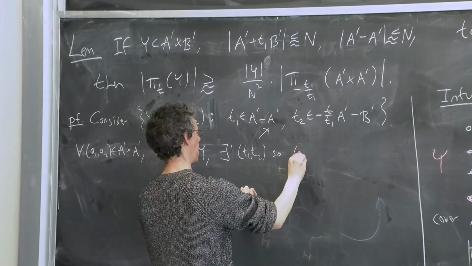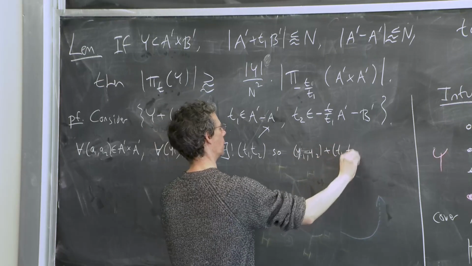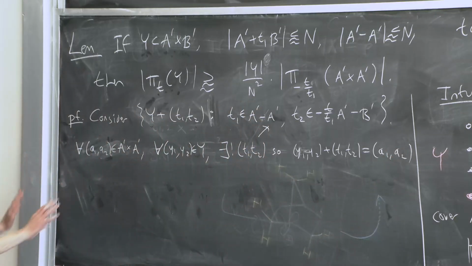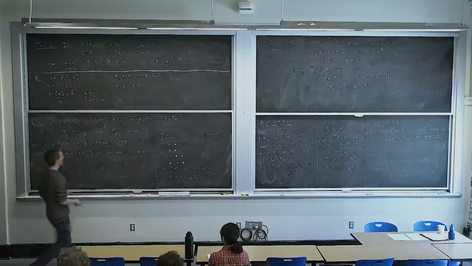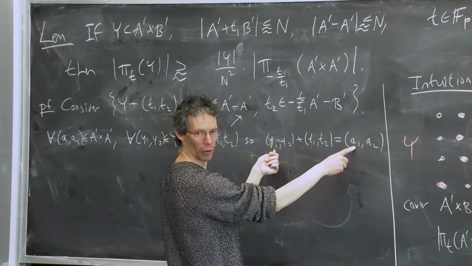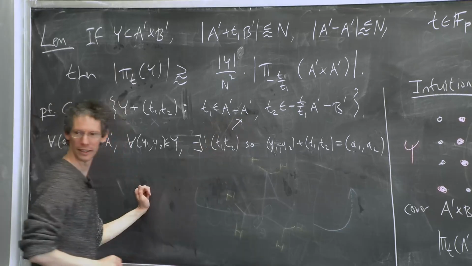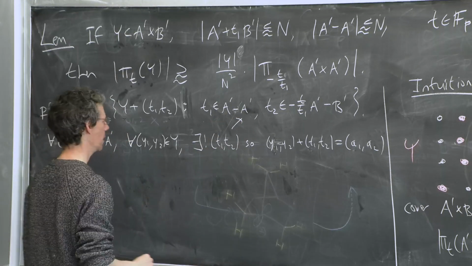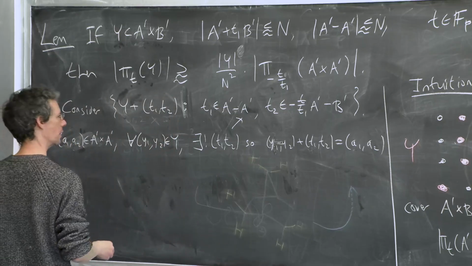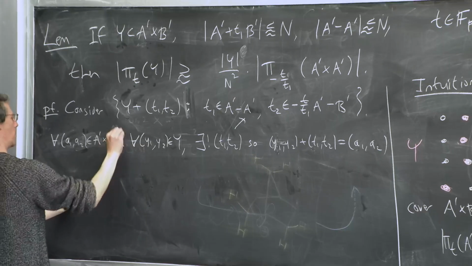so that (y1, y2) plus (t1, t2) is (a1, a2). Right, so this is easier to prove than it is to write down. Just solve for t1. t1 must be a1 minus y1, and these both live in A prime, so t1 is in there. Wait, yeah, sorry, this is going to have to be negative 1 over t1 A prime.